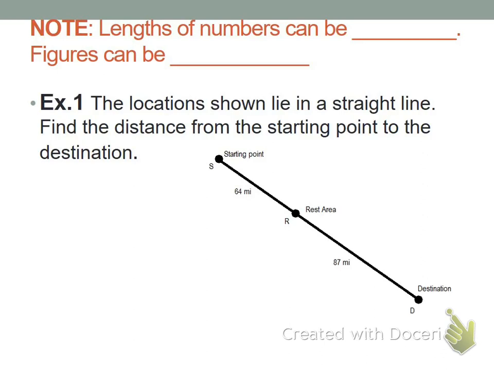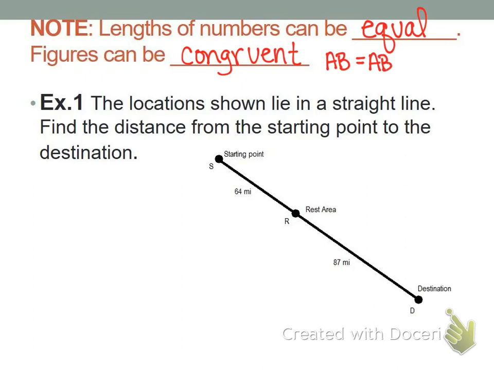All right, so at the very bottom of that front side, you should have a note. Goes along with what I was making a big deal about on the last slide. Lengths or numbers can be equal. Figures can be congruent. So as an example, if you want to put it up there, you could say something like AB is equal to AB.